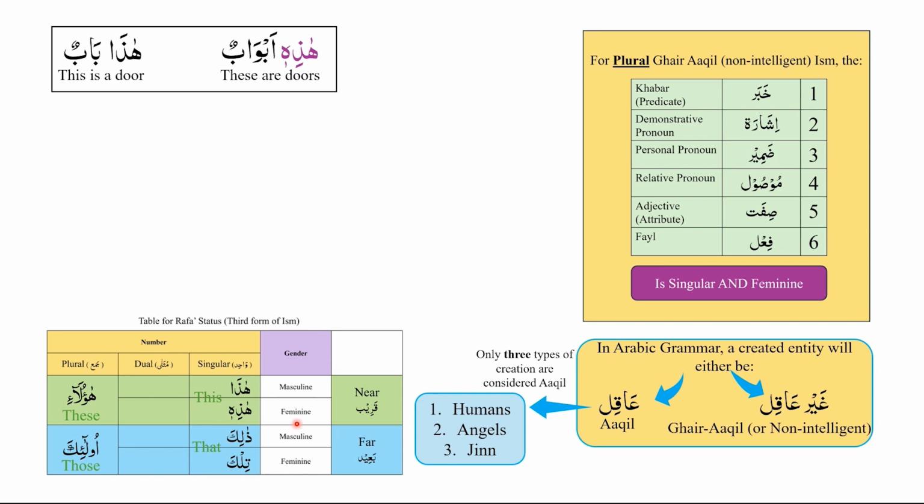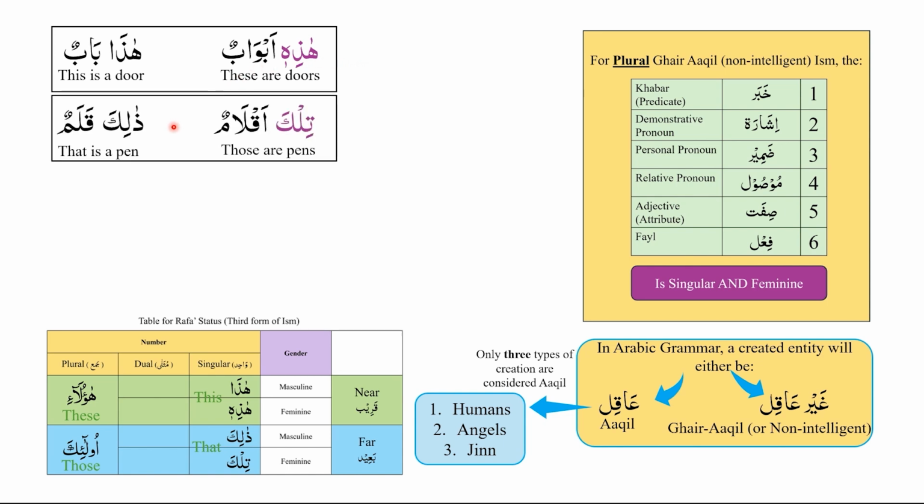It is used as a demonstrative pronoun for the plural of a ghair aqil ism. Abwabun is the plural of a non-intelligent or a ghair aqil ism, and therefore the demonstrative pronoun that we will use for it will be singular and feminine. So we picked hazihi as the demonstrative pronoun.